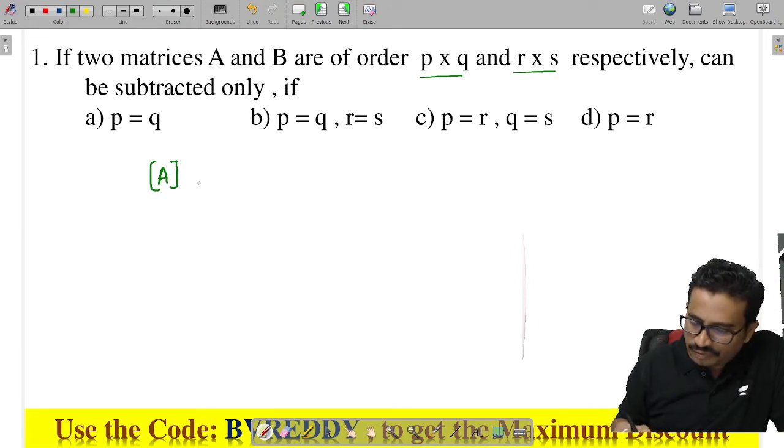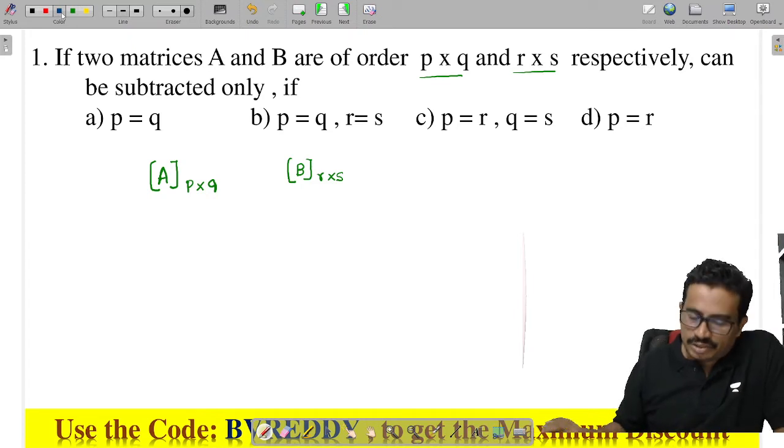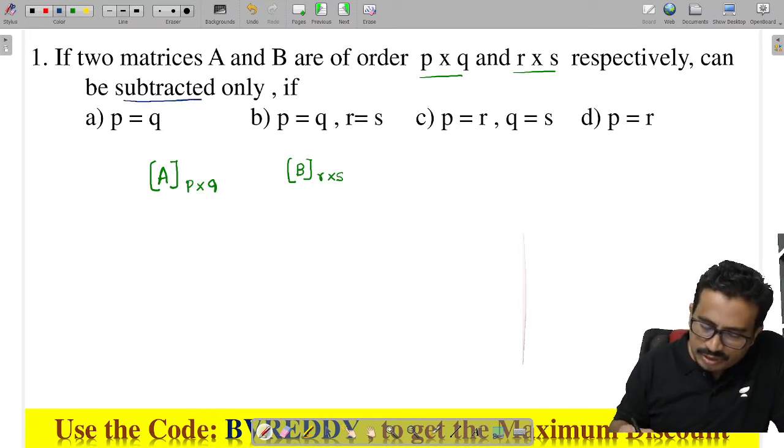The order of A is given as P cross Q, and the order of matrix B is given as R cross S. Now I want to subtract these two matrices.